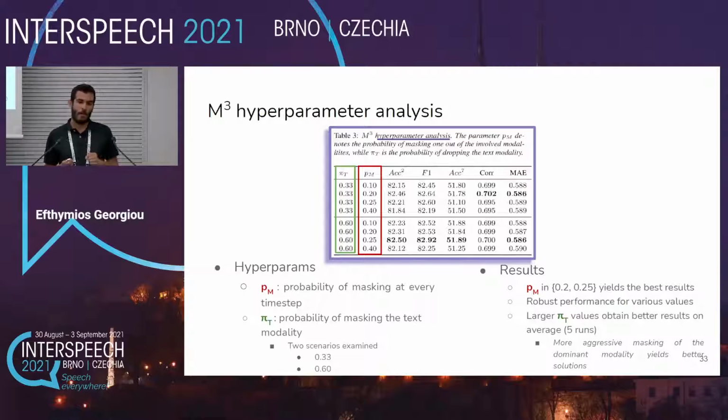Finally, the most interesting result, in my opinion, is that in the second scenario, larger text masking rates result in better models on average. This is very interesting because it experimentally verifies our intuition that more aggressive masking of the dominant modality, the text modality, results in better solutions on average.